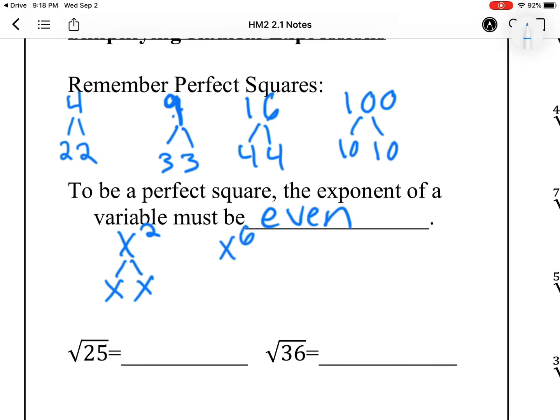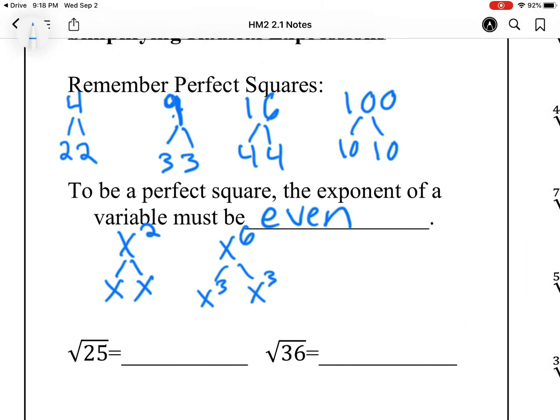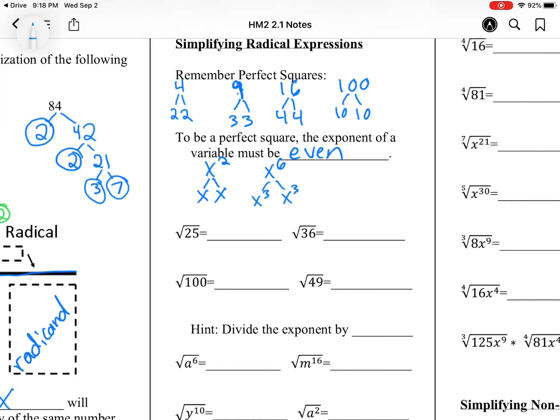And if we had, let's say, x to the 6th, we would have x to the 3rd times x to the 3rd. So on and so forth. As long as the exponent is even, it is a perfect square.